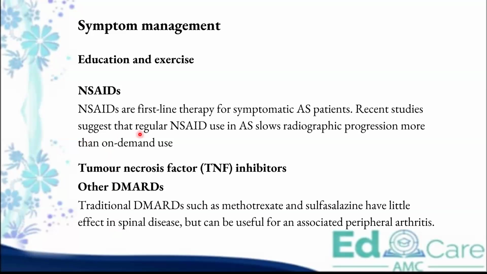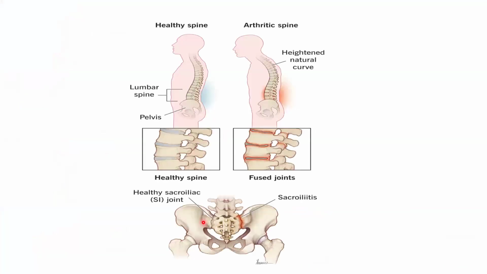So in early stages you can give NSAIDs, in advanced disease you can go for tumor necrosis factor inhibitors, for peripheral joint involvement you can go for methotrexate and sulfasalazine. So remember that. That is also one of the past paper questions, right?